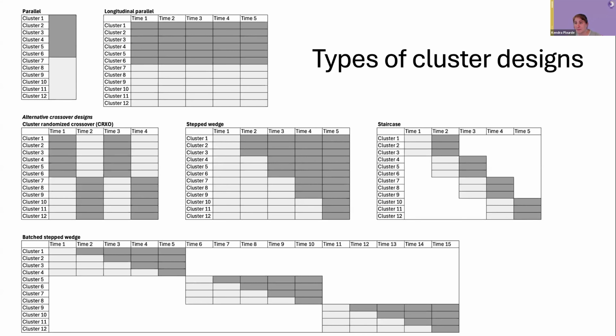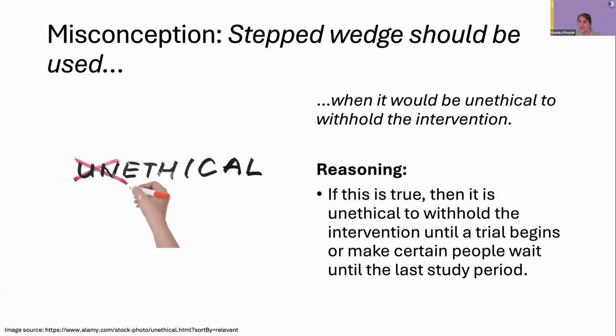It came from stepped wedge. And then you could have a batched step wedge design, which is essentially multiple stepped wedge designs within one trial. And so these are what we focus on in our guidelines. And I just want to give a brief introduction for this talk because next I want to go into focusing on stepped wedge because that is the most popular, complex longitudinal design that we see in our experience.